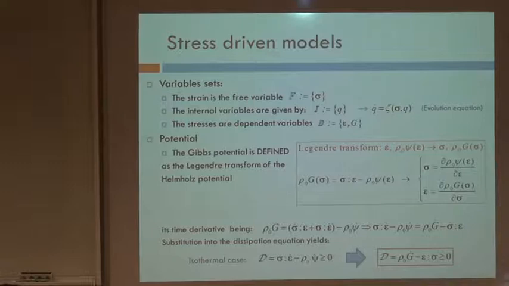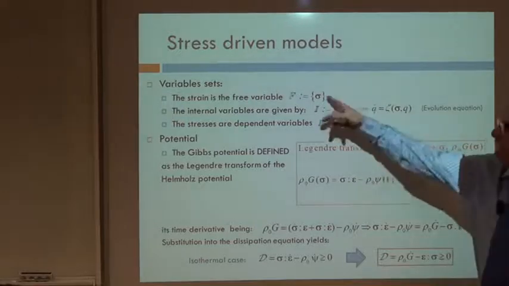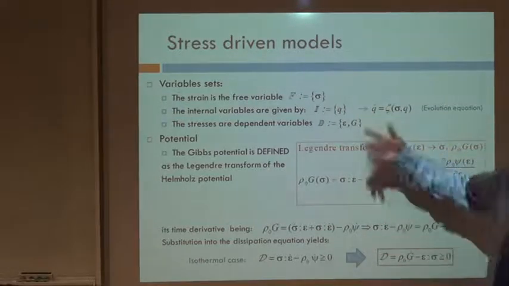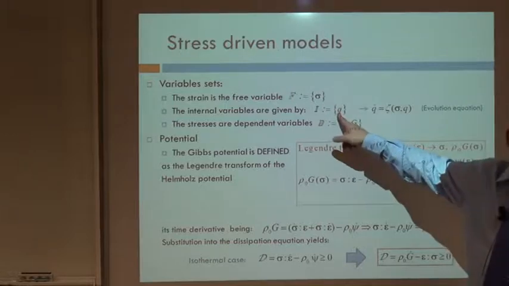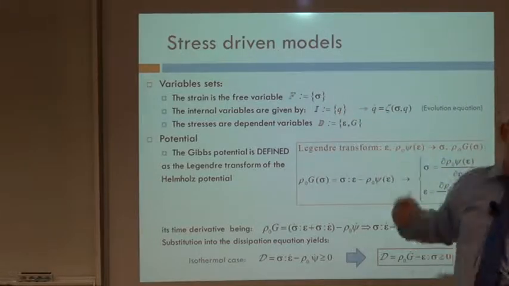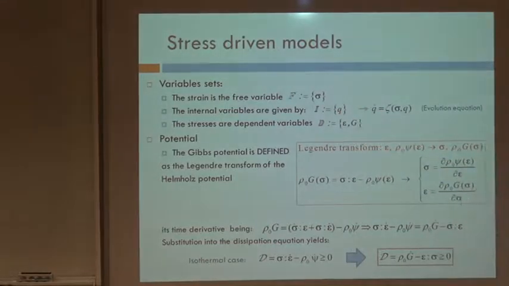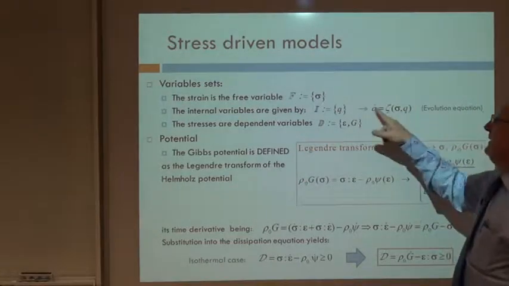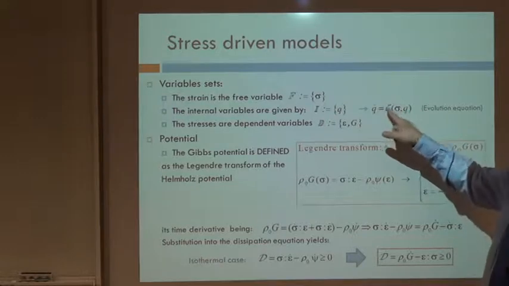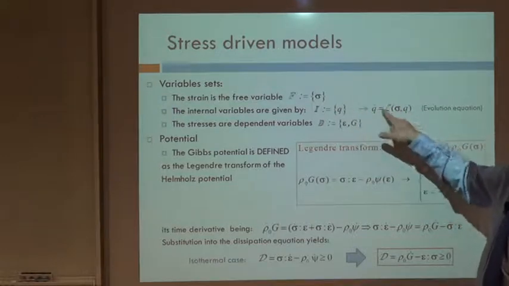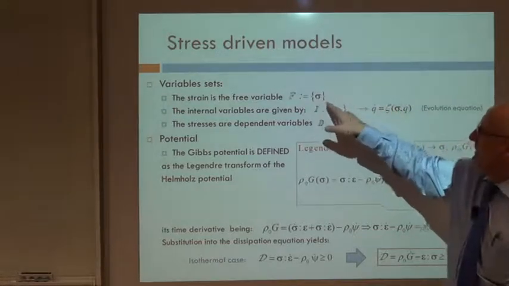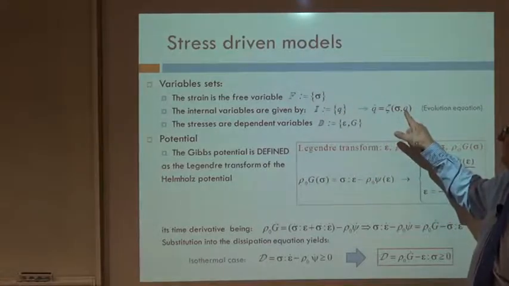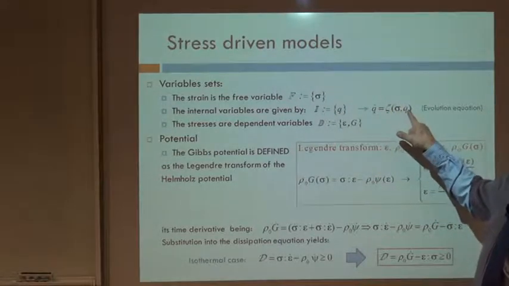Then, for instance, select some internal variables. Let's consider just one internal variable, let's call it Q. And then, of course, provide the evolution equation that says that this internal variable has an evolution in terms of the free variables and the internal variable itself, so a function of sigma and Q.